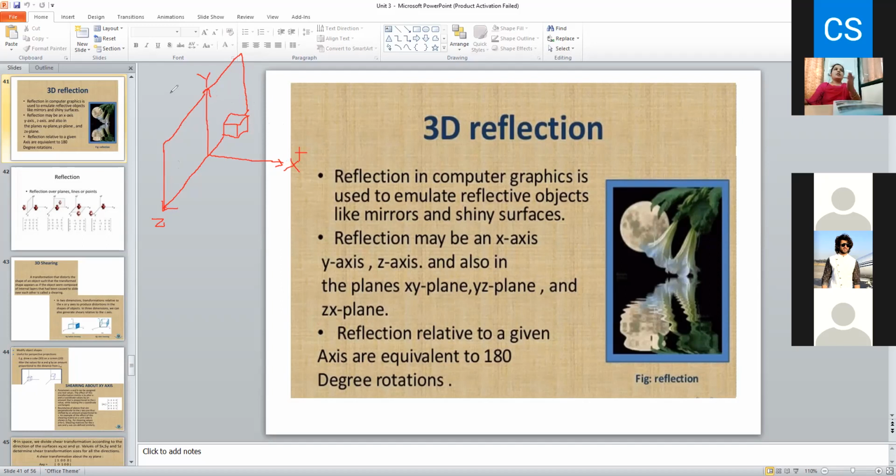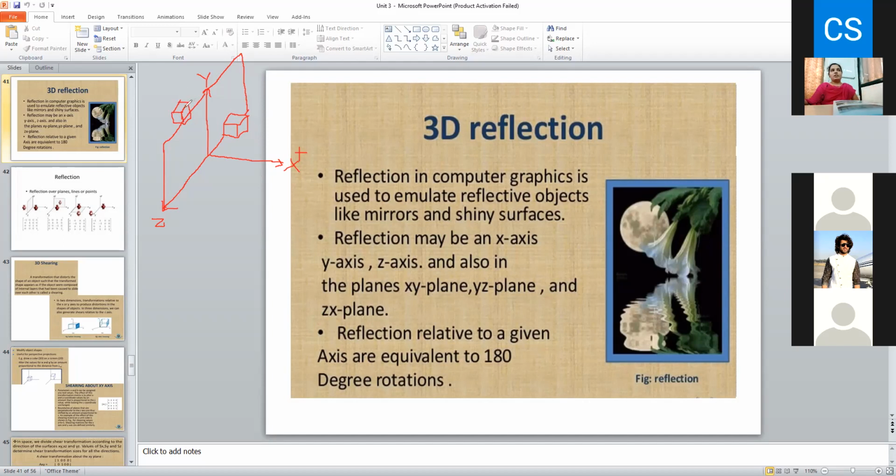After reflection, it will be present on the left hand side of the wall because this is acting as a mirror. So after reflection, it will go to this side. Is that right? It will go beyond the wall, to the opposite side of the wall.